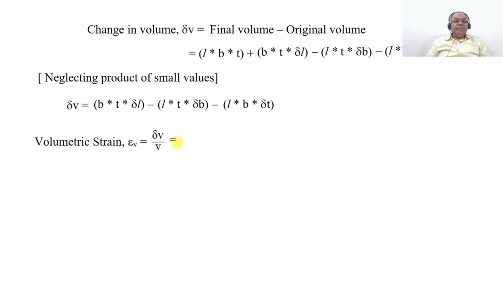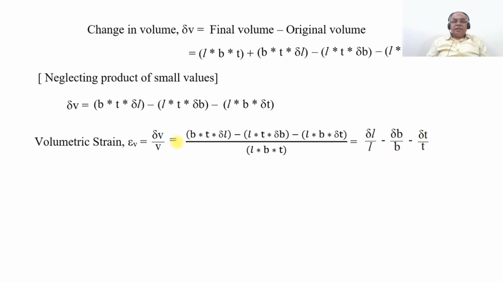That is delta V by V, which will be equal to B into T into delta L minus L into T into delta B minus L into B into delta T, all divided by L into B into T. When you divide each one by this L into B into T, you are going to get delta L by L minus delta B by B minus delta T by T.